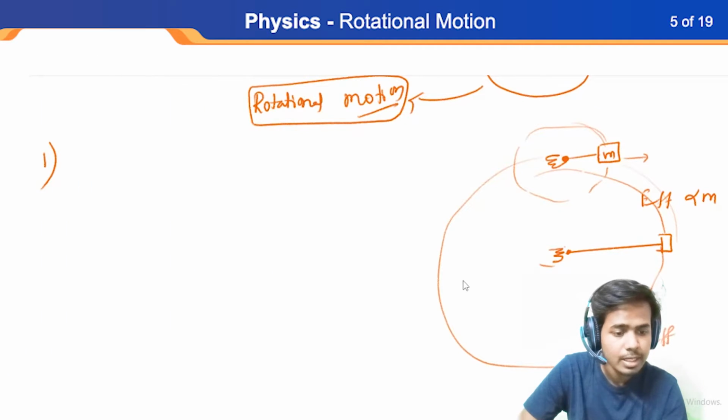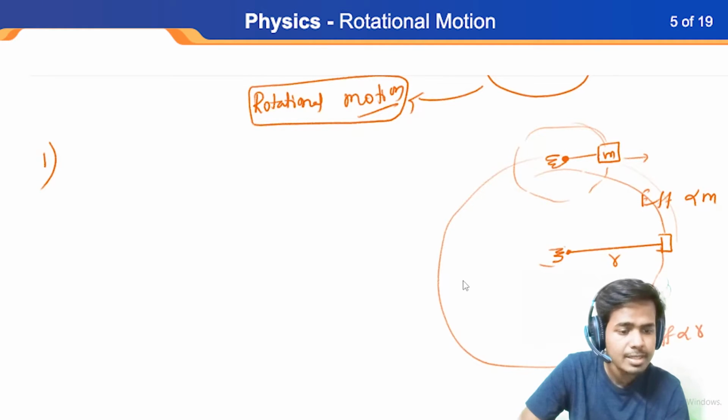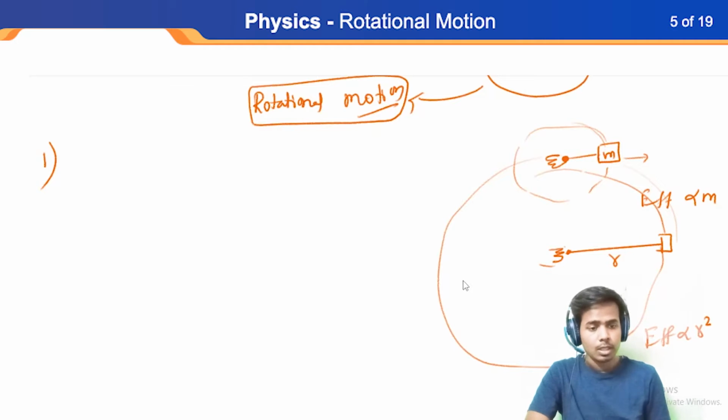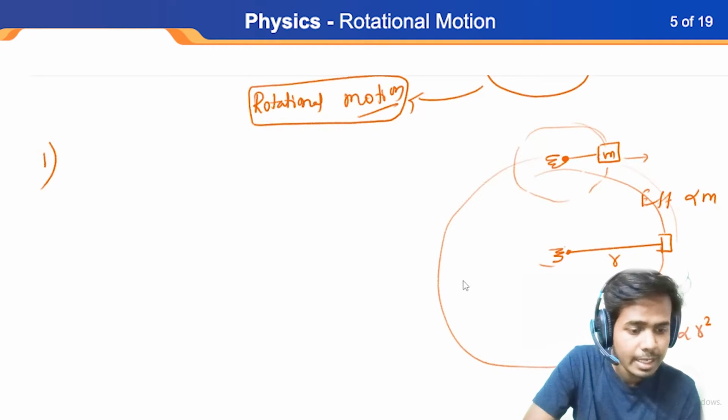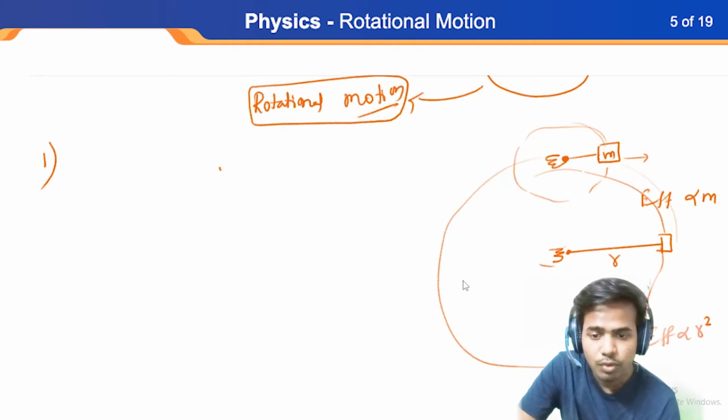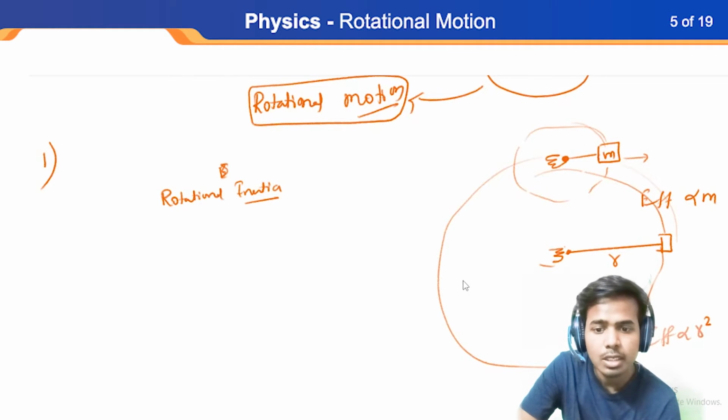So actually, it is also directly proportional to r, or rather, it is actually not r. It has been calculated numerically and found that it is directly proportional to r squared. From here, I may say that this is rotational inertia. What was inertia?